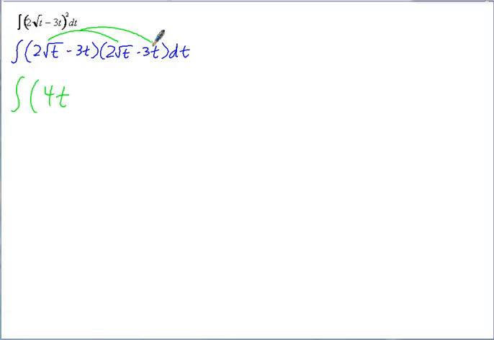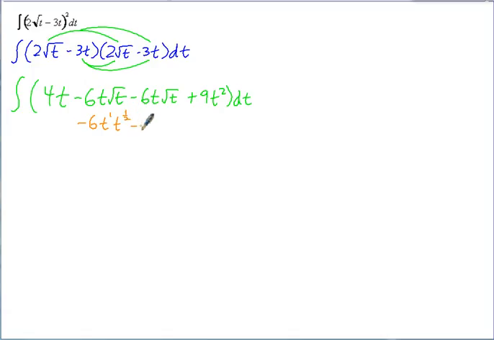Then 2 square root of t times negative 3t gives you negative 6t square root of t. And then the same thing here, you get another negative 6t square root of t. And then you get positive 9t squared. But these middle terms, there's no product rule, so t square root of t, let's figure out how else we could write that. Well, another way of writing this is like t to the first, and this is like t to the 1/2, right?